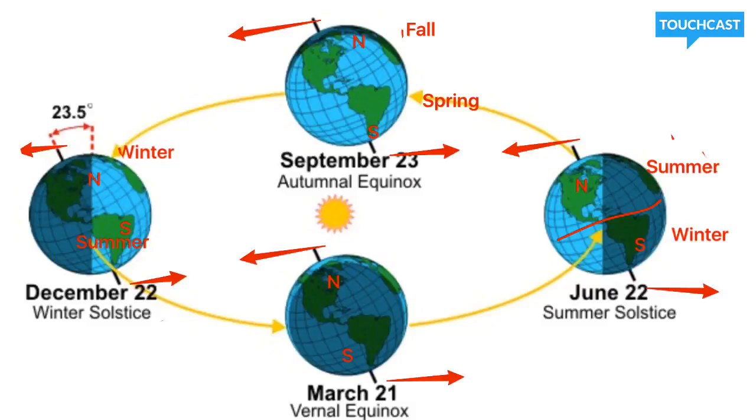And see where these arrows do not point directly at the sun, they're pointing parallel to it. That's also a good indication on the diagram that it's going to be fall and spring. Now, if you look over here for our last one during March, the northern half is going to have spring because you just had winter, and the southern half will have fall because you just had summer.